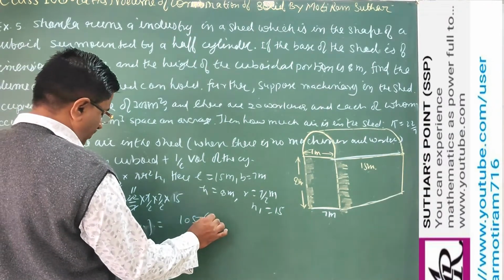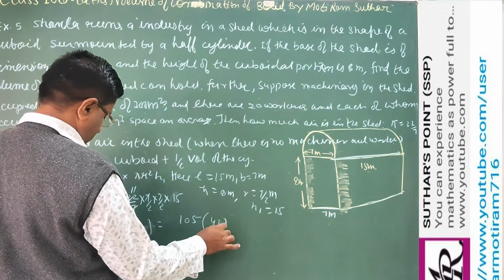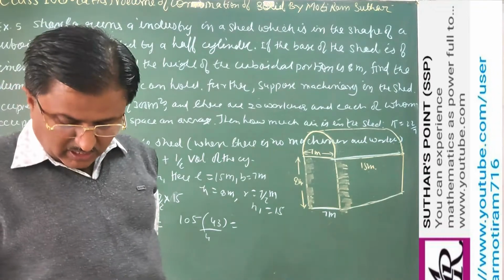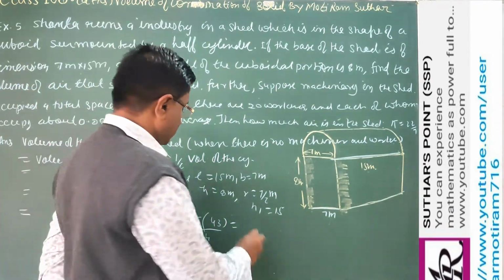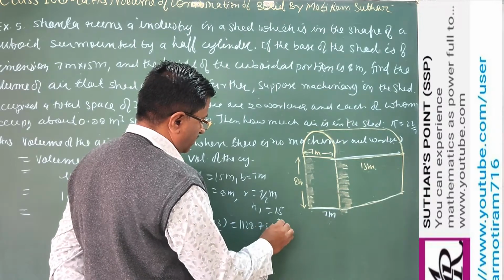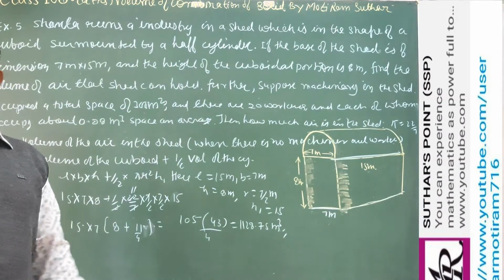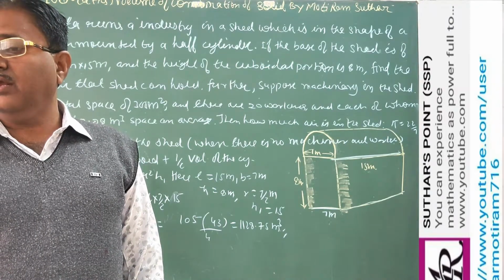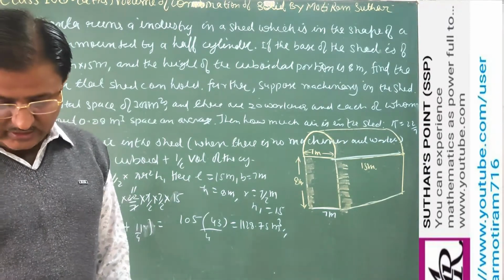Add this, that is 43/4. So you simplify, this will be in decimal 1128.75 cubic meter. So this is the total air in the shed. Very easy.